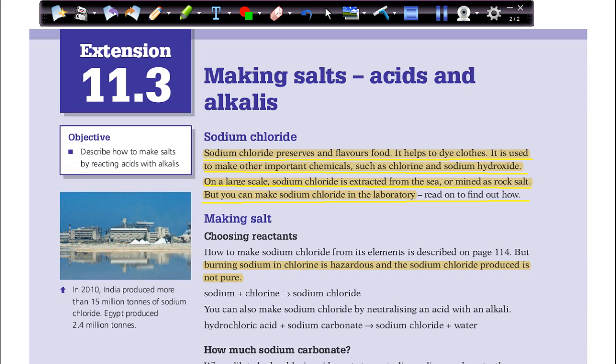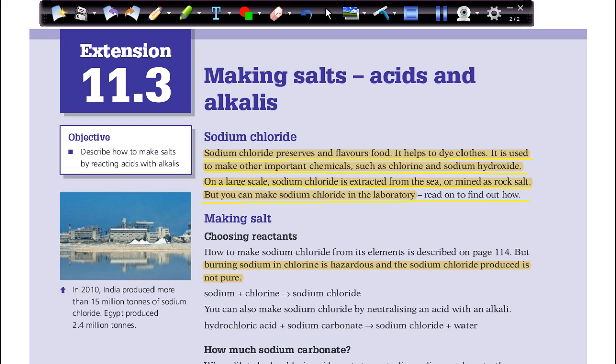But using chlorine is too hazardous because chlorine gas can be very poisonous. Sodium plus chlorine gives sodium chloride. This is very easy to do, but it could be hazardous. So how can we choose the reactants?